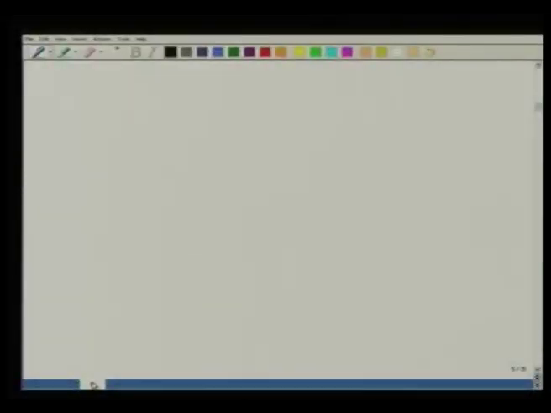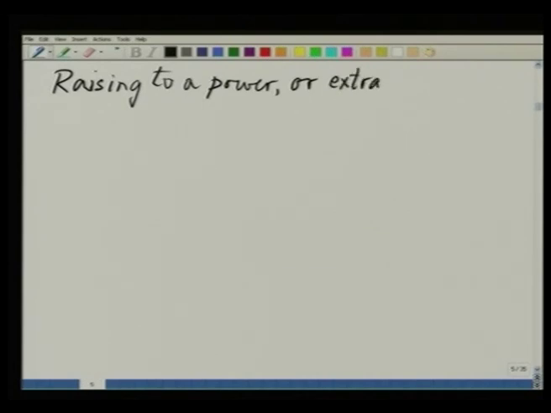And these things are raising complex numbers to a power or extracting the nth root, nth roots of a complex number.